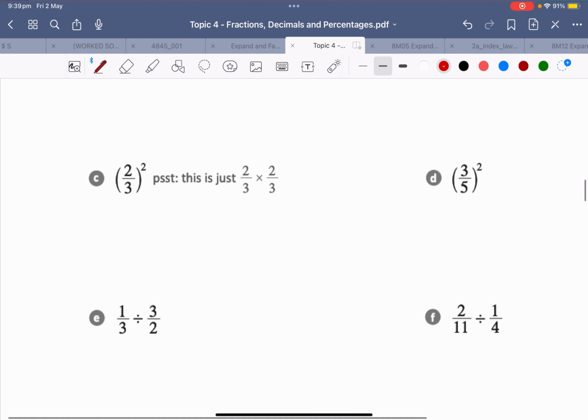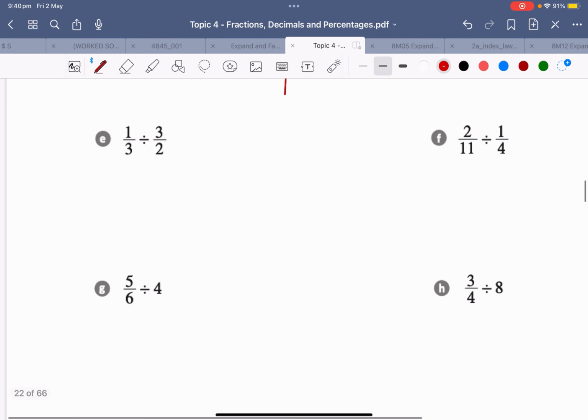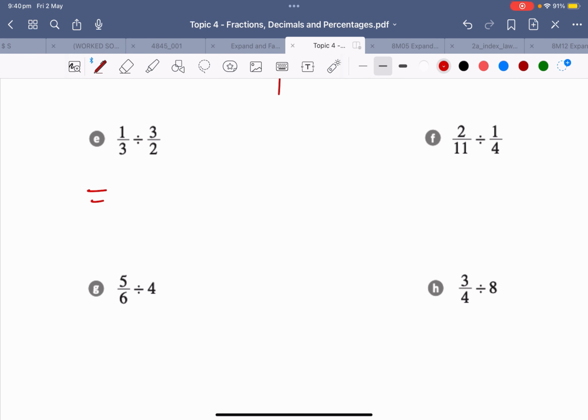Now, 2 on 3 squared is the same as 2 on 3 times 2 on 3, as it says on the hint, 4 over 9. Same thing for question D. Question E, oh, there's a division. What should I do? Right, KFC, sure. Keep the first one, flip the second one, change it to times. 2 over 9. Okay?